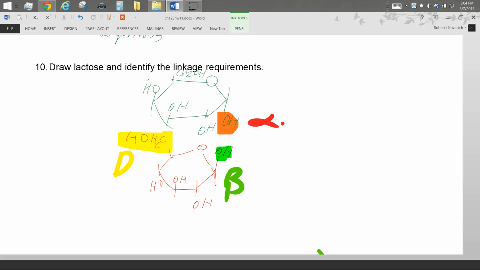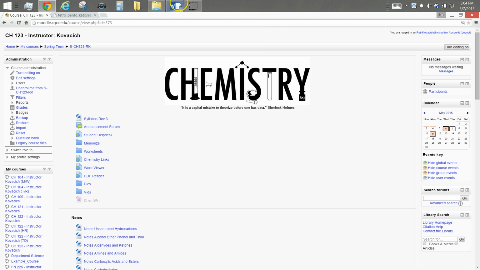Okay, well, I got mine off this page here. It's the same thing. It's not? No, unless I have mixed them up. Alpha D lactose is glucose with the beta D galactose. Let's see. Maybe we would still connect the same.